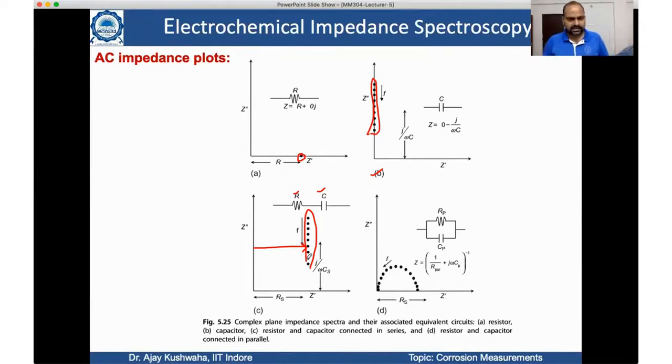of resistance. Now see the fourth case, where we have the resistance and the capacitance in parallel. That is interesting, and this is the more common case. In most electrochemical cells we are going to get this kind of nature, where our resistance and capacitance are in parallel.